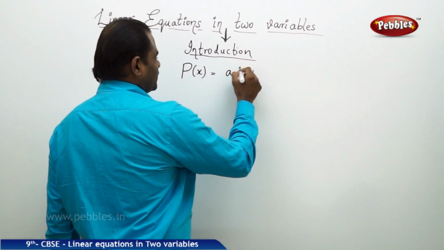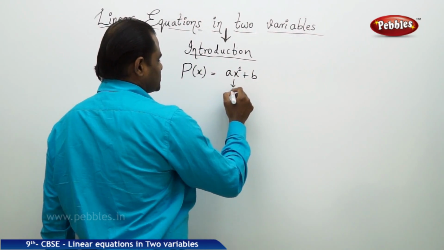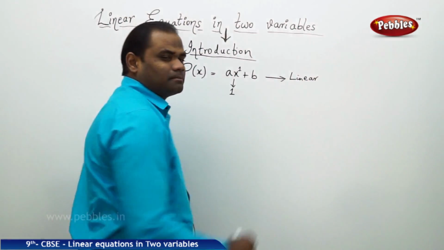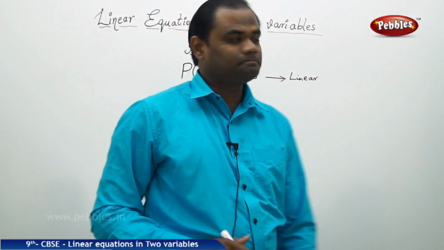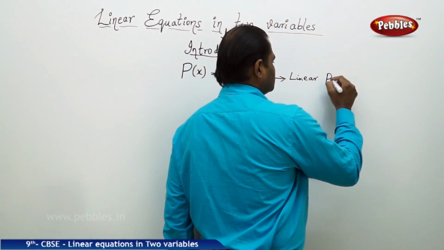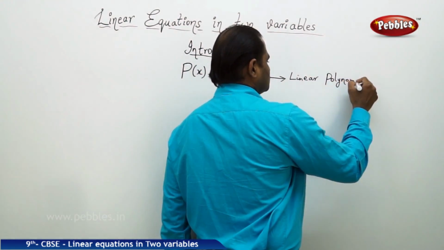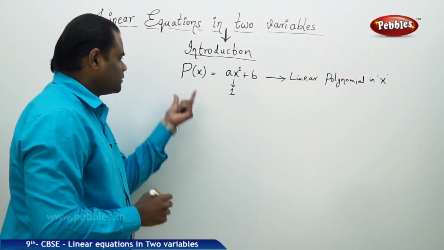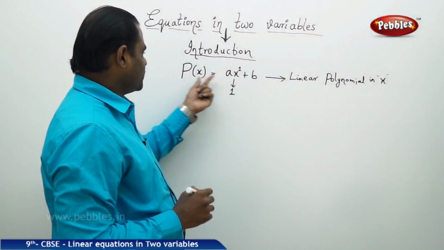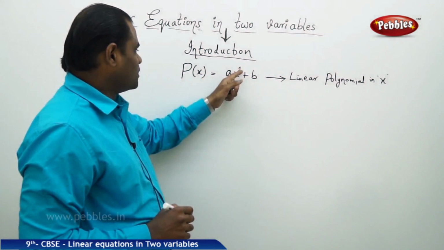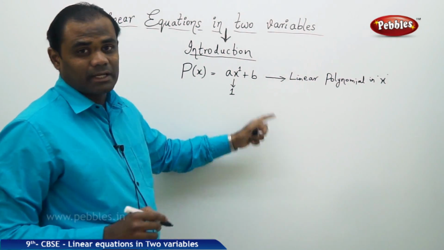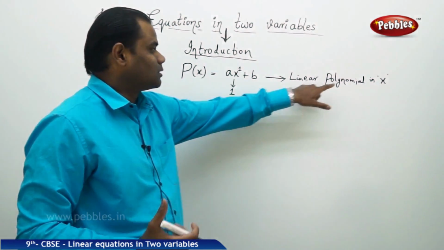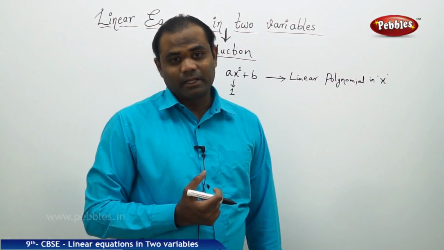In this case, I find that the highest degree of x is 1 and hence such a polynomial is called a linear polynomial in the variable x. Clearly, seeing this linear polynomial, I find only one variable which is x and its power being 1. Therefore, the degree of this entire polynomial is 1. And such a polynomial with degree equal to 1 is called a linear polynomial in the variable x.